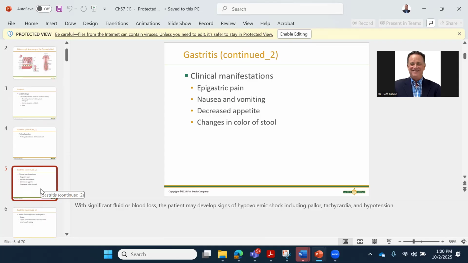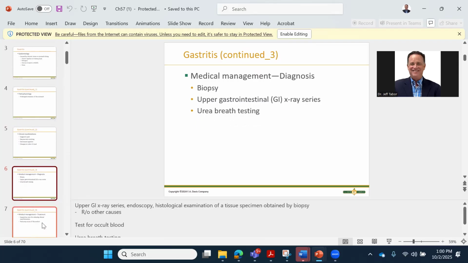Also, if patients develop gastritis and they have significant blood or fluid loss, they can end up with signs and symptoms of hypovolemic shock, which could include findings such as pallor, tachycardia, and hypotension.